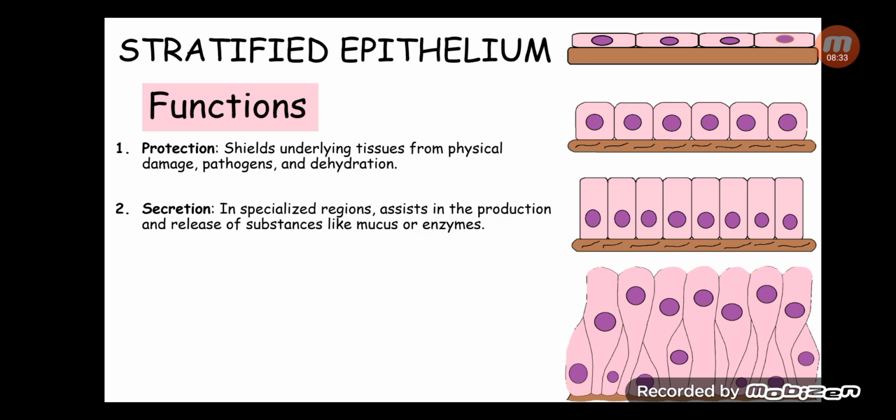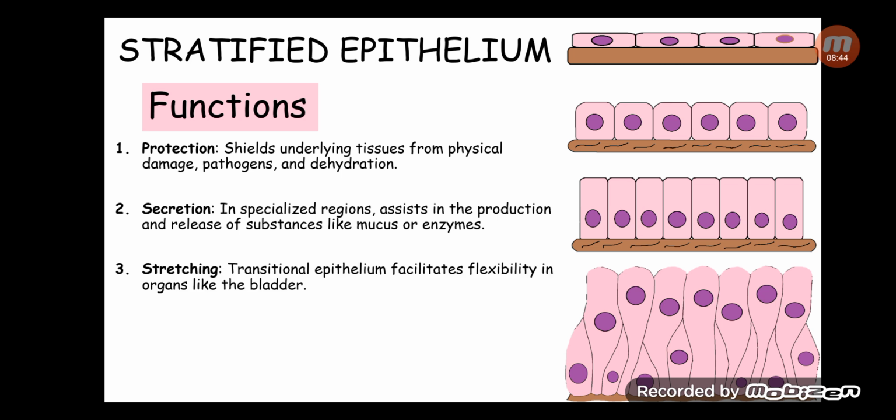The other characteristic function of stratified epithelium is secretion. In specialized regions, they assist in production and release of substances like mucus or enzymes. That's how they help in secretion. And the third function is stretching, as the transitional epithelium facilitates flexibility in organs like the bladder, which is a highly flexible organ, and that's how they contribute to stretching by converting from a cube-like shape to a squamous-like shape of cell.